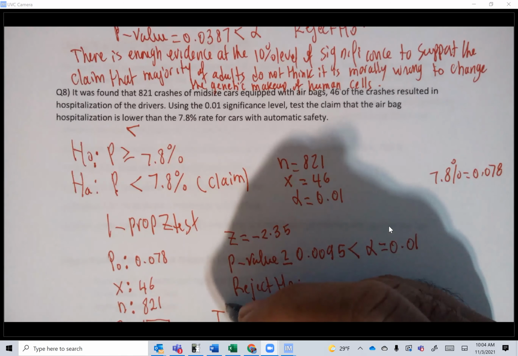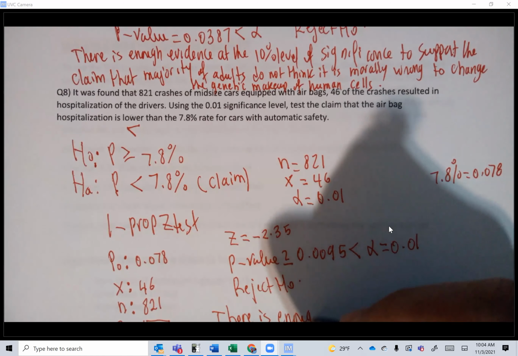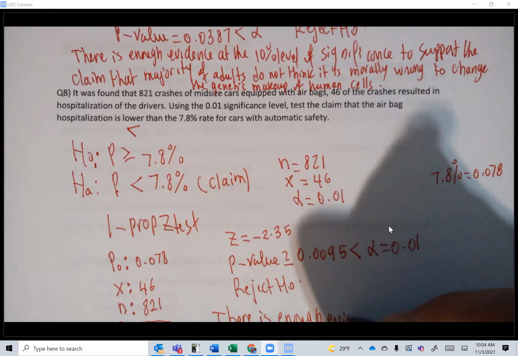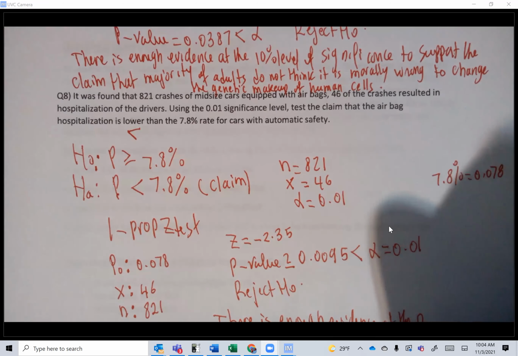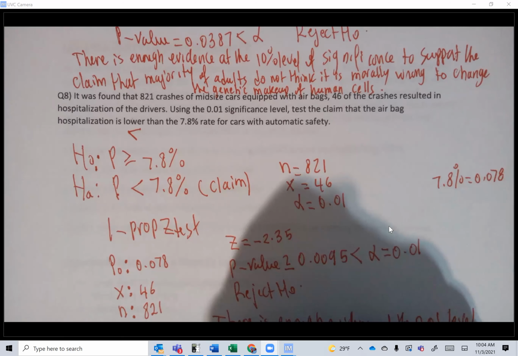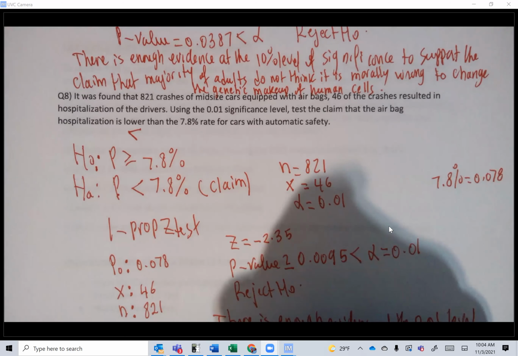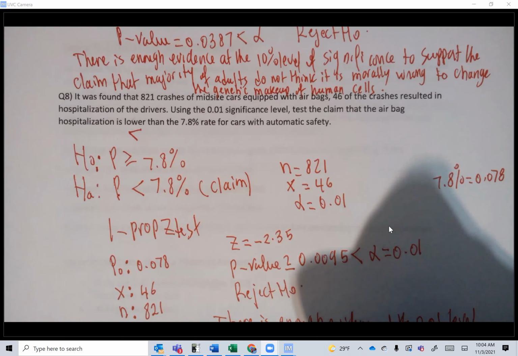There is enough evidence at the 0.01 level of significance to support the claim.